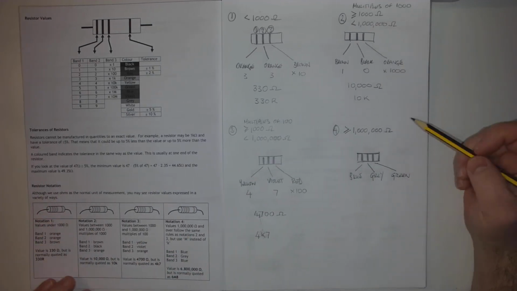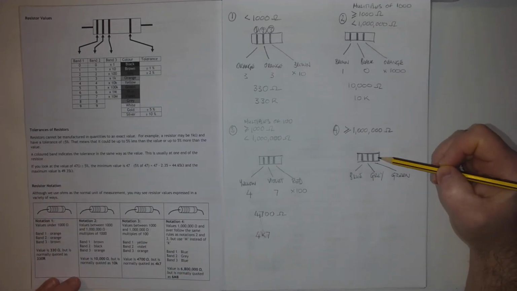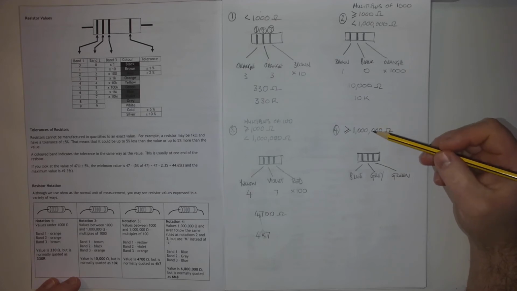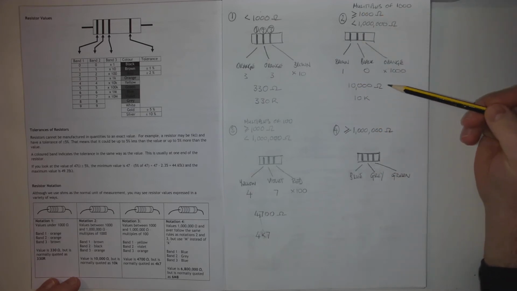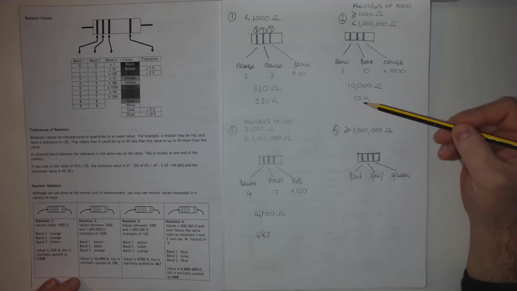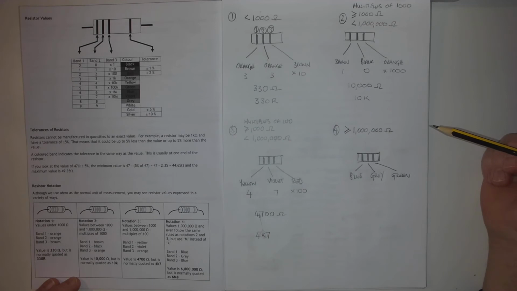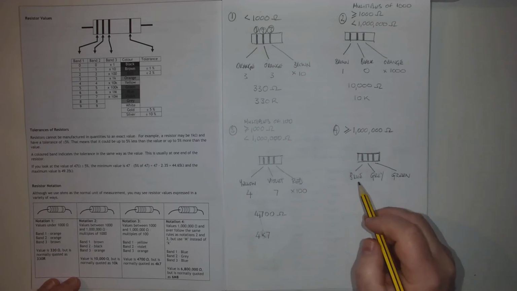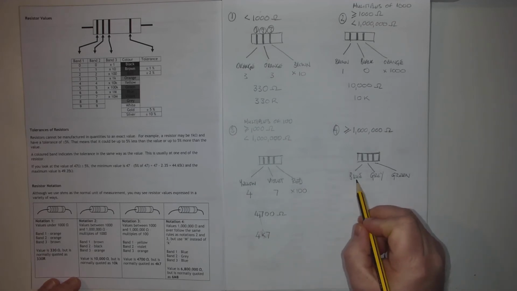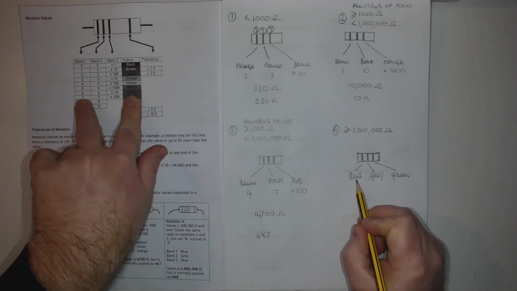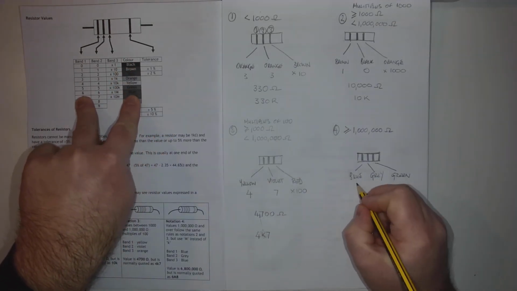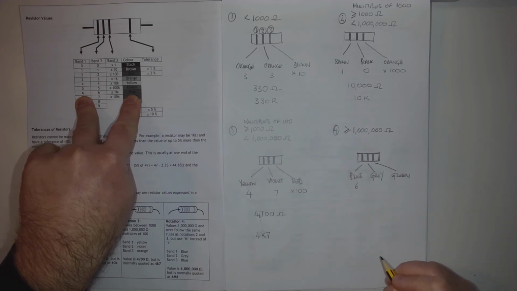The last example is for a resistor value of over 1,000,000, and effectively it works in the same way as it does for between 1,000 and 1,000,000, only instead of using K, we use the letter M for 1,000,000. It works like this. Our first value is blue, so if I find blue in my chart, then for band 1 that's got a value of 6.